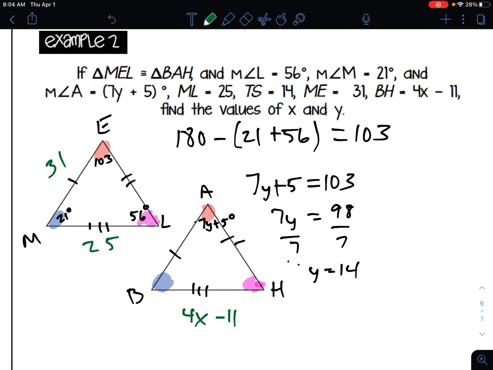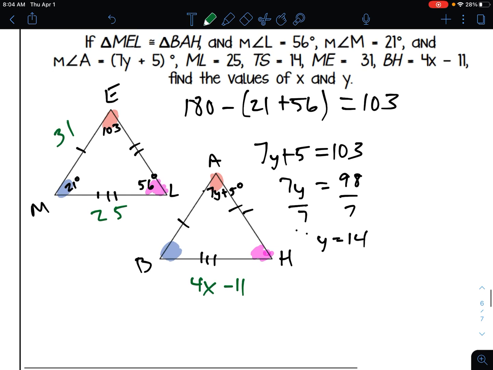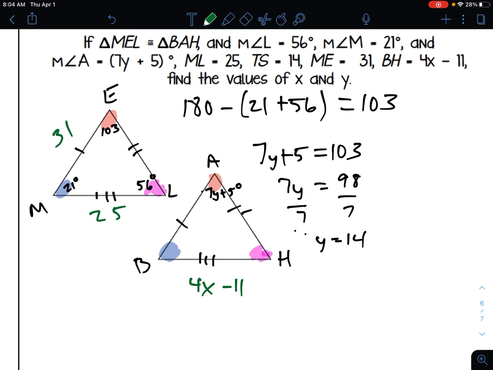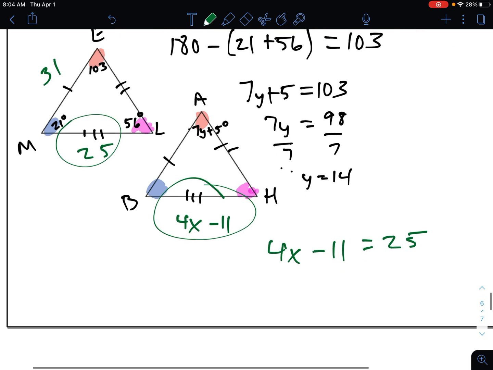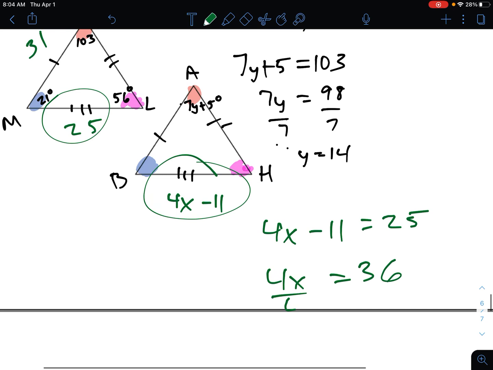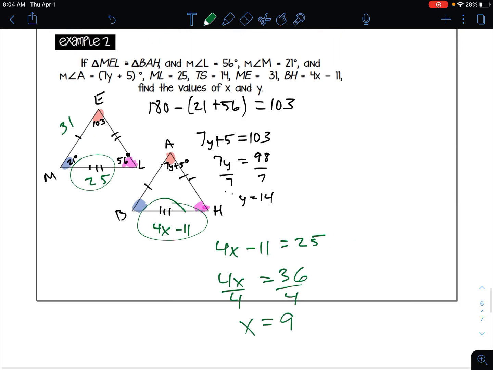Well, I don't know why it says TS up there. That makes no sense. They're to screw us up, mess us up, something like that. Thankfully, we have corresponding parts that have an x in it, and we are able to solve. So then we would add 11, get 36, divide by 4, x is equal to 9.